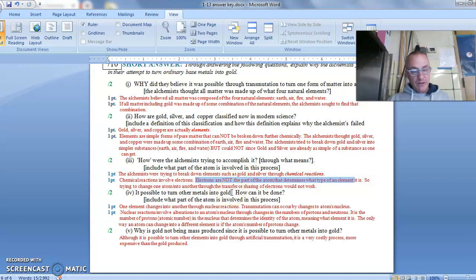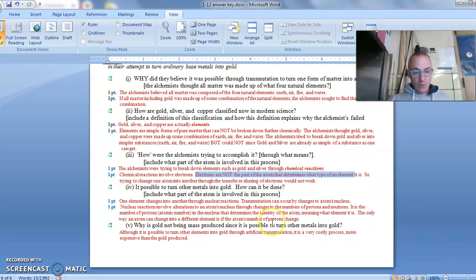Is it possible in 4 to actually turn other metals into gold? Can it be done? And what part of the atom would be involved? Well, yes, it is possible. One element can change into another, but not by chemical reactions. In order to change one element into another, the nucleus of the atom must change. Specifically, the number of protons in the nucleus must change.